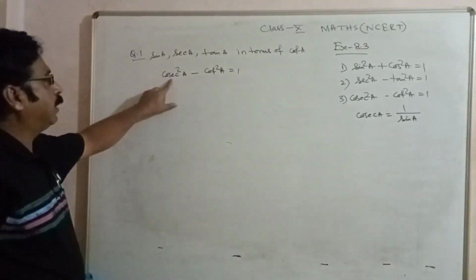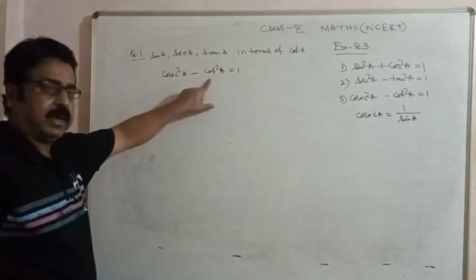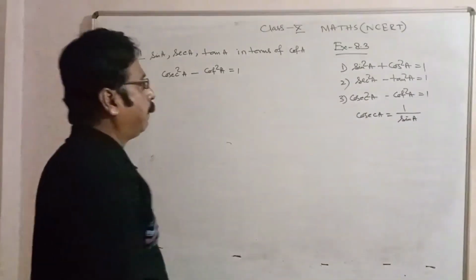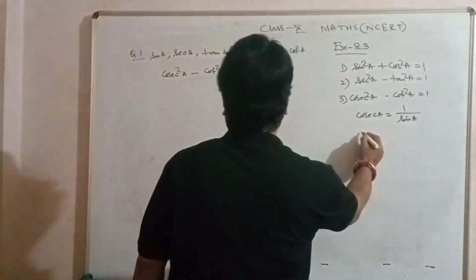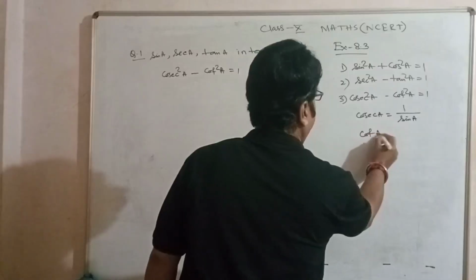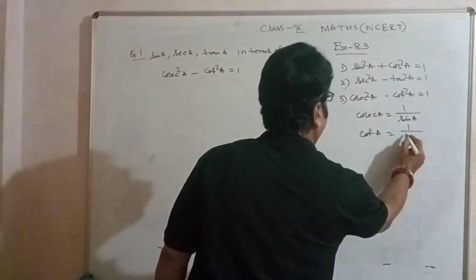Here we can get sin A and cot A. If we take reciprocal, it will be 1 upon tan A.